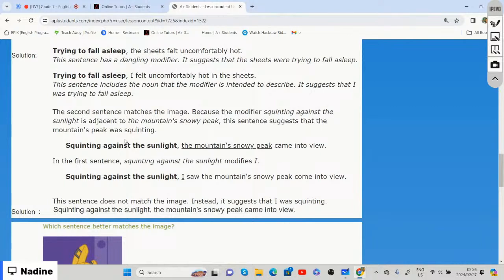And if we look at the first one, it says, squinting against the sunlight, the mountain's snowy peak came into view. So in that case, it gives us the idea that the mountain is the one squinting.